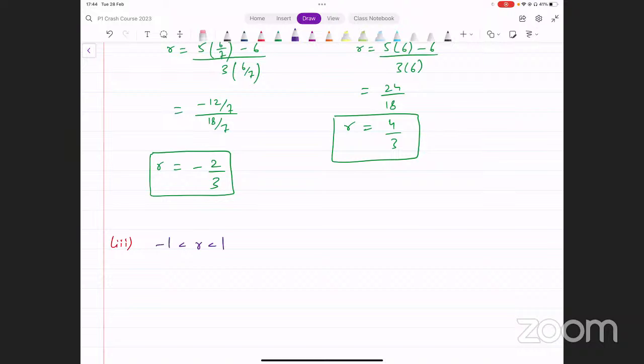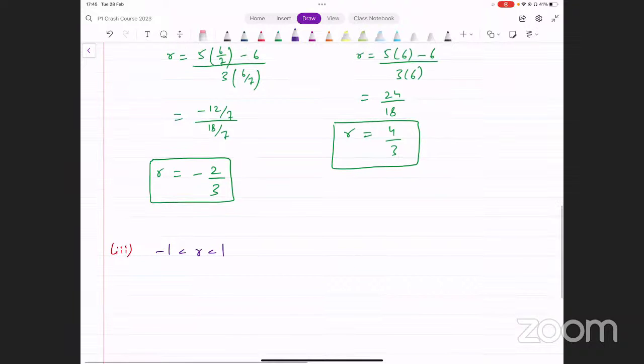Which of these ratios satisfies that condition? This one is bigger than 1, right? So this is outside the range. The first one does fall in the range, so that means the ratio that we take should be r equals minus 2 over 3.